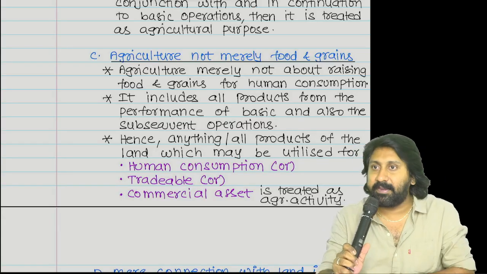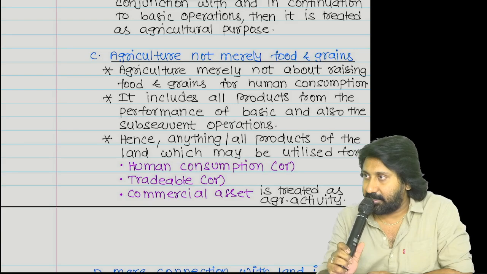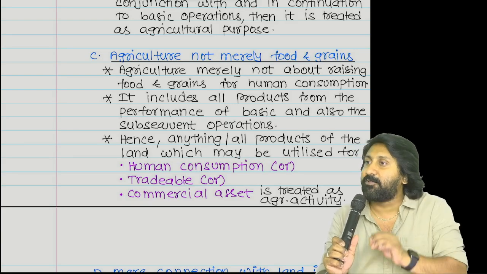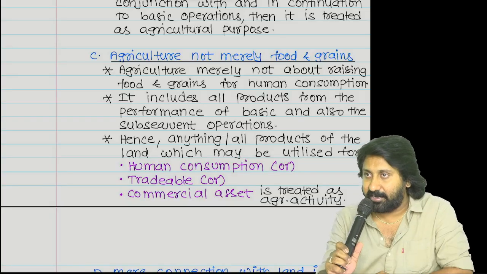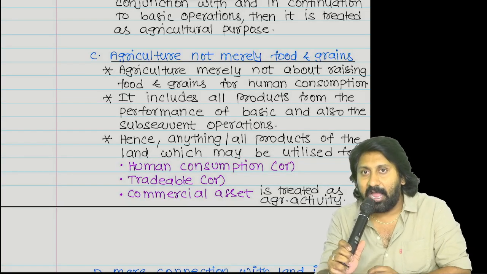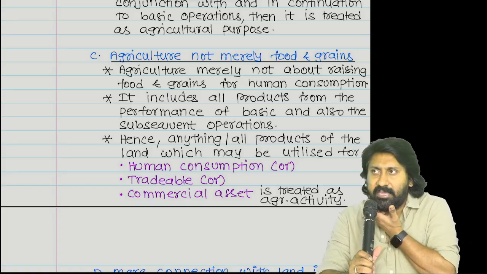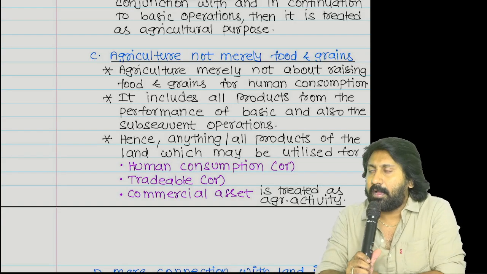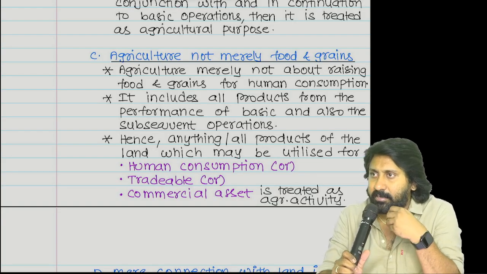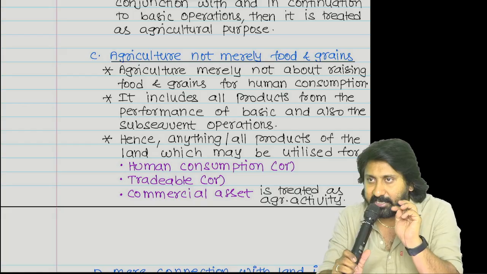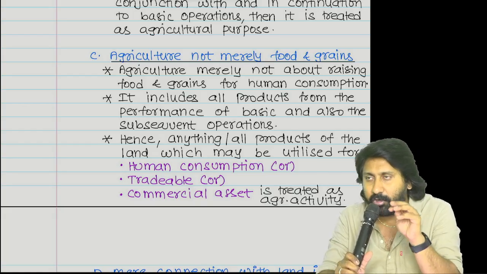Something which does not benefit me, not agriculture. No, food and grains alone are not agriculture. Listening? I will give you an example for you to understand. See, human consumption is not the motive behind agriculture. Agriculture has a different motive.